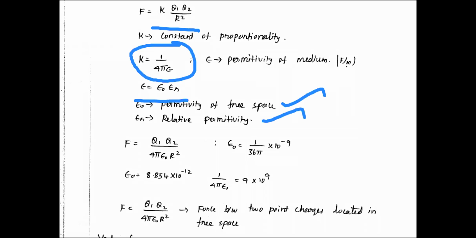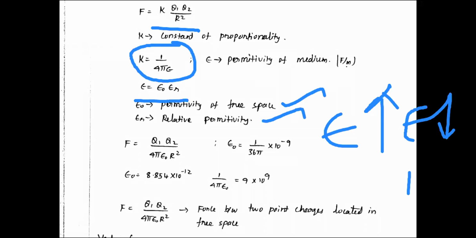Yesterday I clearly told, once your epsilon increases, the E field decreases, or the force decreases. That means the more the permittivity, the lesser the electric field or the lesser the force.